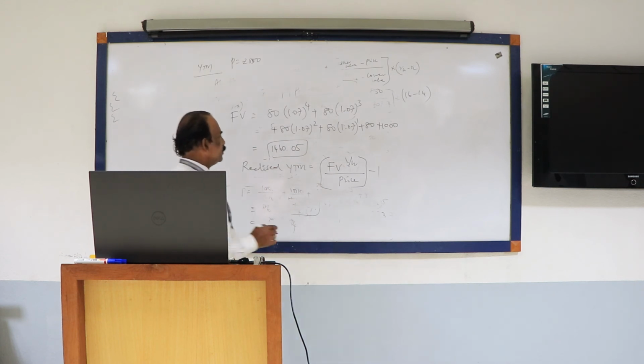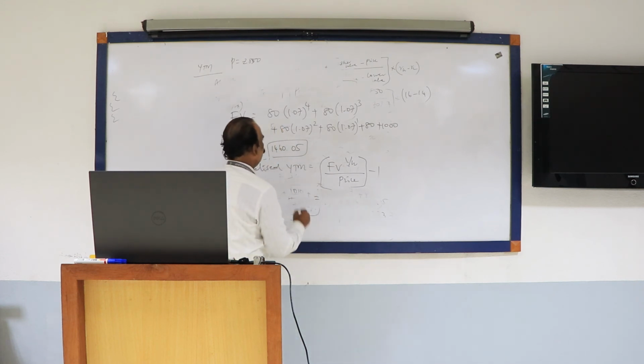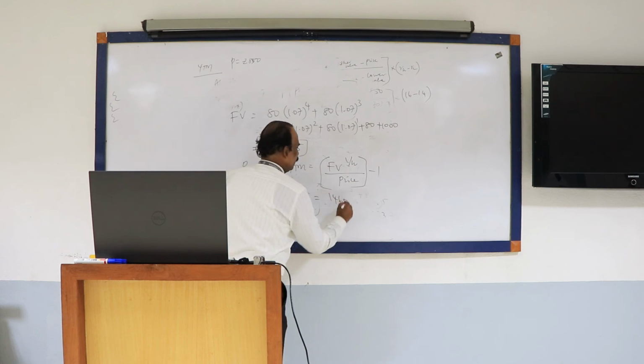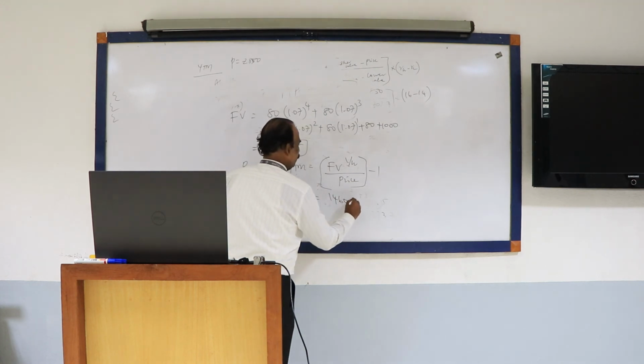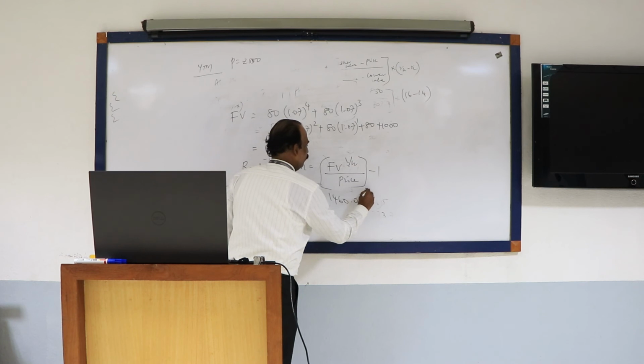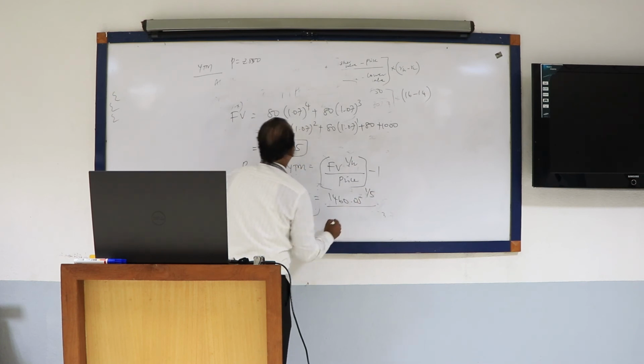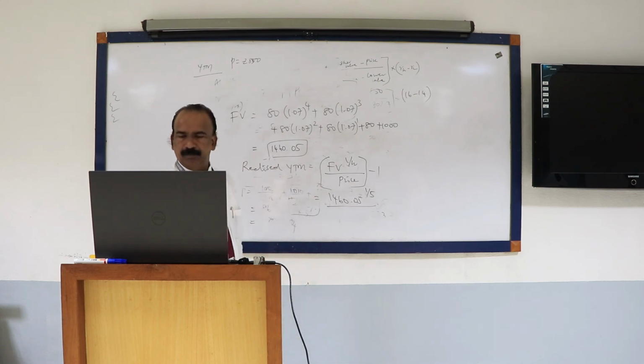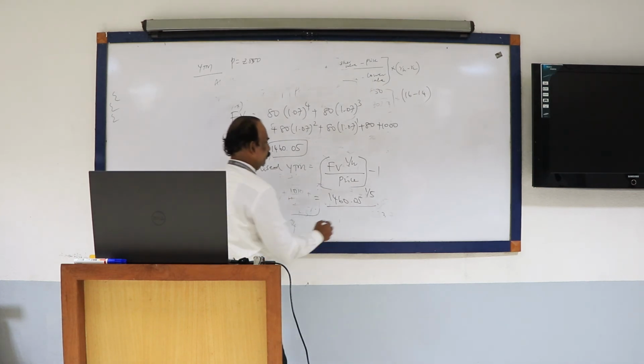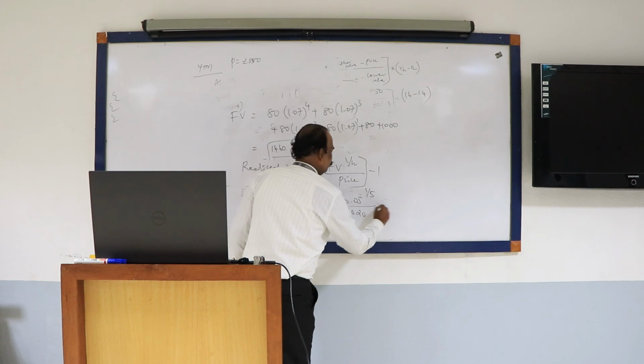So future value is 1460.05 power 1 by 5 divided by price. What's the price? 1020, minus 1.